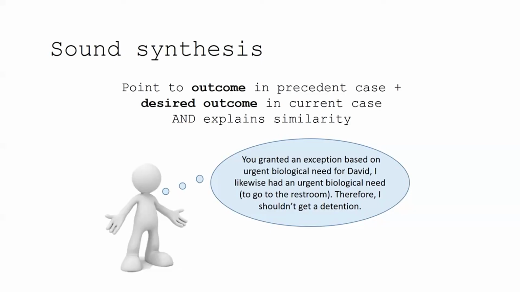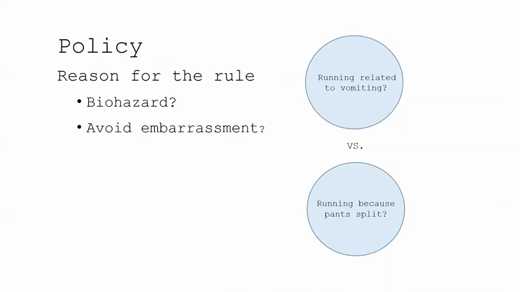Another thing that might help in arguing for a certain outcome is considering the policy, which is the reason for the rule, right? So why was an exception granted based on the nosebleed? Was the exception granted because blood is a biohazard or to avoid embarrassment, right? So this would give perspective to different cases.